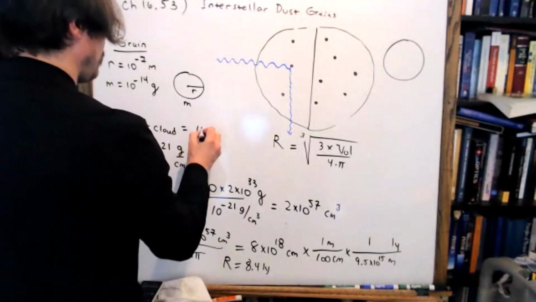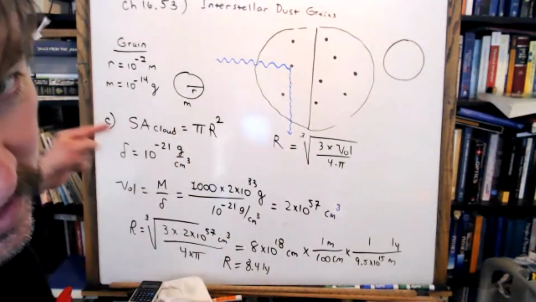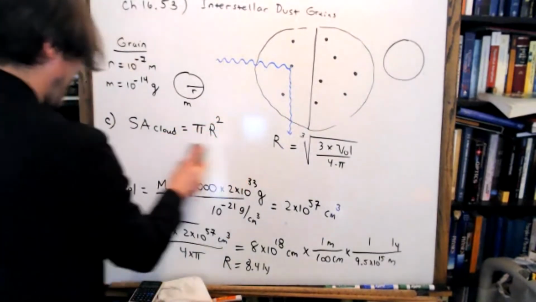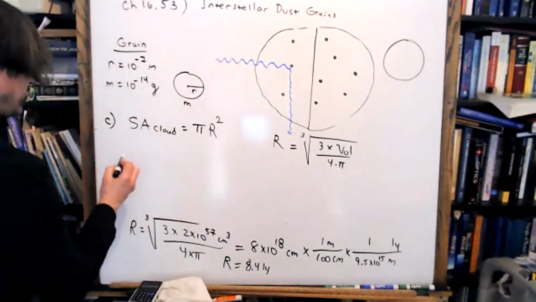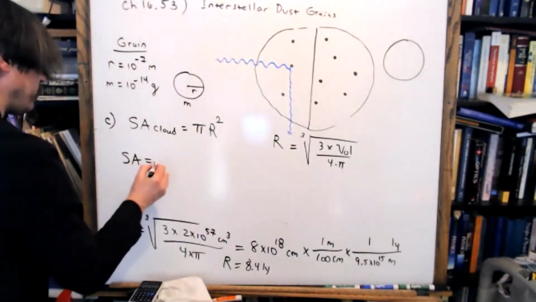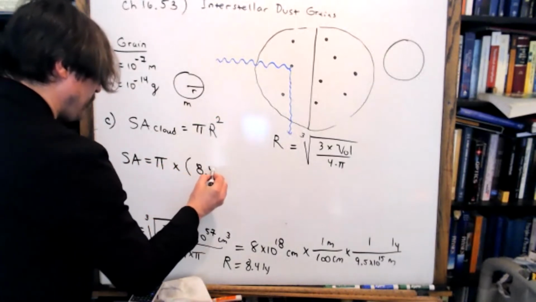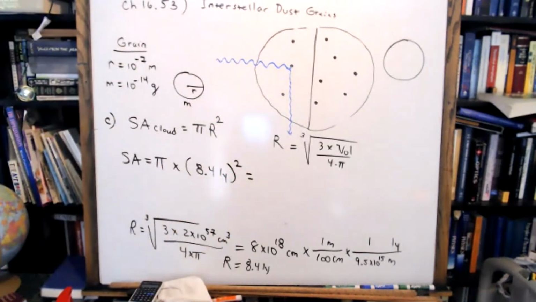So the surface area of the cloud, if it's like a bow and arrow target, should be pi big R squared. So at the end, I'm going to erase this bit here. The total surface area of the cloud will be pi times 8.4 light years squared. What do you get?